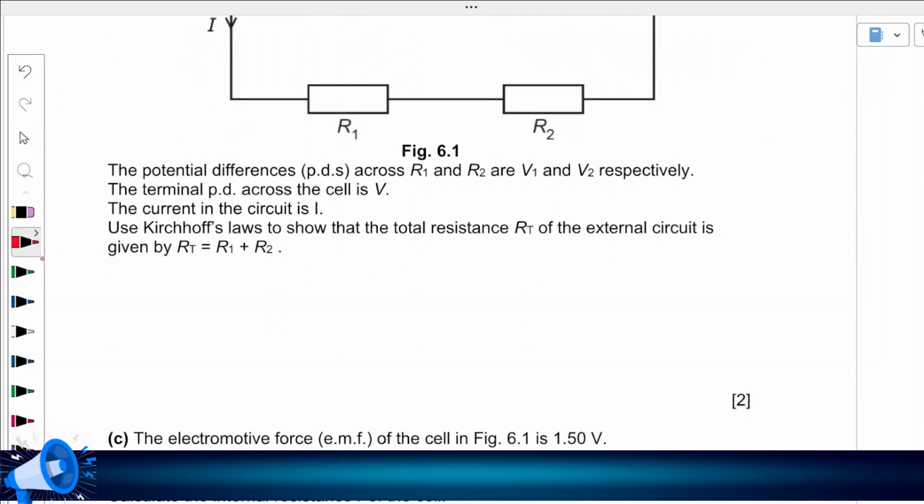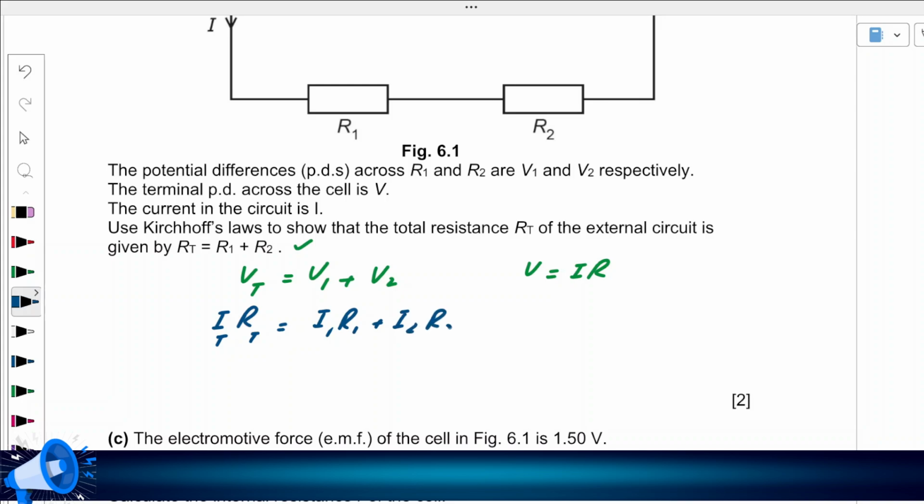RT equals R1 plus R2, that needs to be shown. These are the easiest 2 marks that you can have from electricity. This is a series circuit. The derivation starts with total voltage V equals V1 plus V2. Then you say V equals IR. Hence, this expression can be written as IT RT equals I1 R1 plus I2 R2.